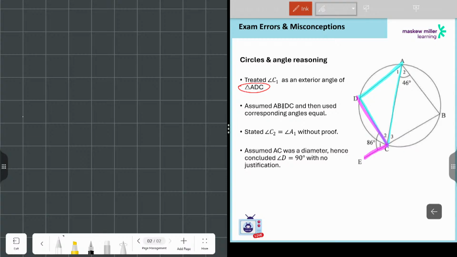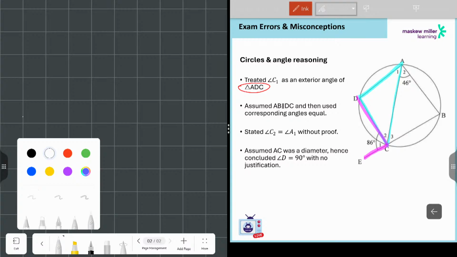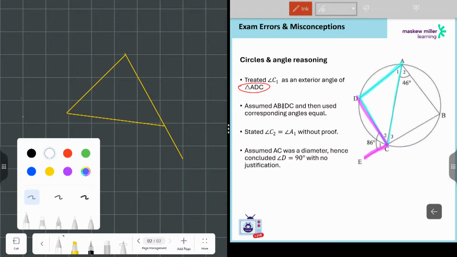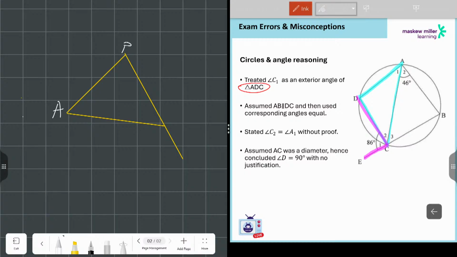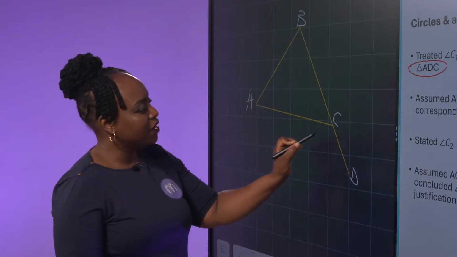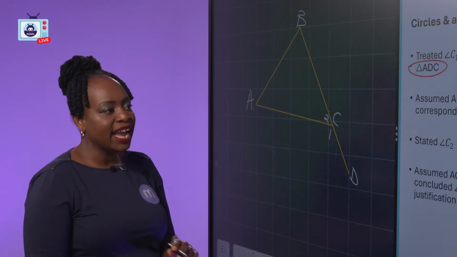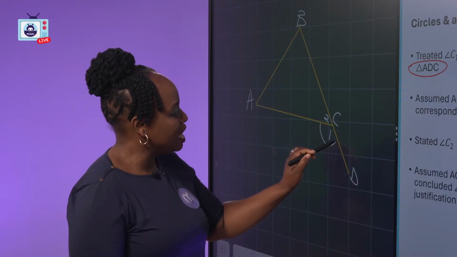Every time we talk about an exterior angle of a triangle, we need to have a triangle like that. If I have a triangle ABC which is extended to D, can you see what is happening here? If I say this is C1 and that is C2, an exterior angle of this triangle will be C1.